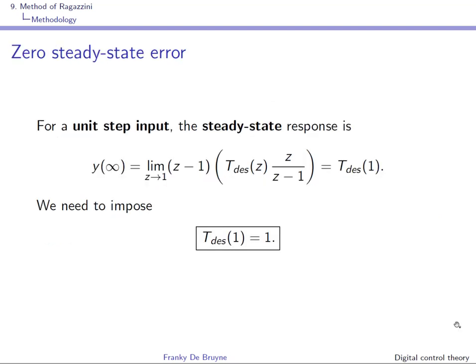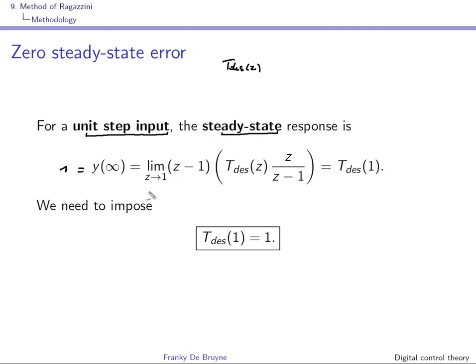Another obvious constraint on the closed loop desired transfer function is that its static gain must be 1. This is kind of obvious. If we take a unit step input, the steady state should be equal to 1, right?